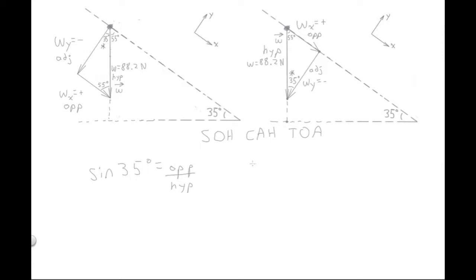And cosine of 35 degrees is the length of the adjacent side over the length of the hypotenuse, CAH. Notice that I'm writing 35 here. I'm not writing 55 because we chose to focus on the 35. We chose to focus on the 35-degree angle in the triangle, not the 55-degree.